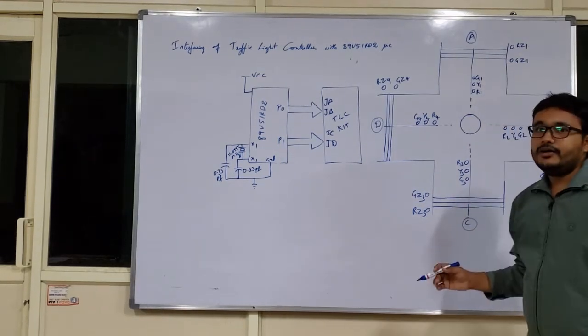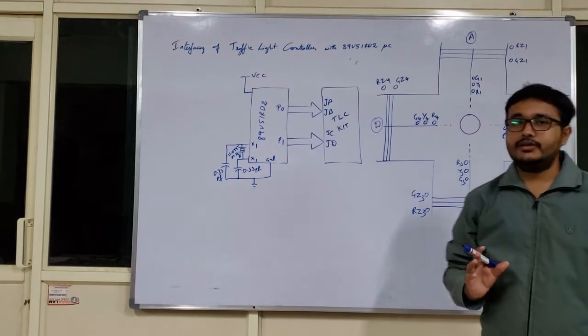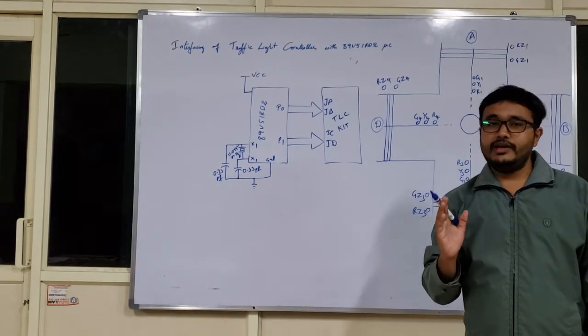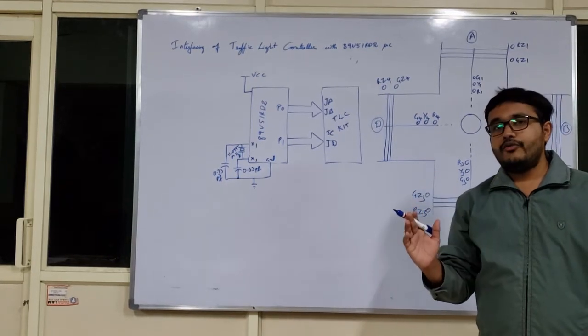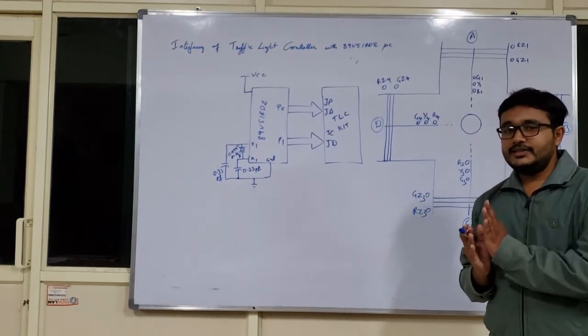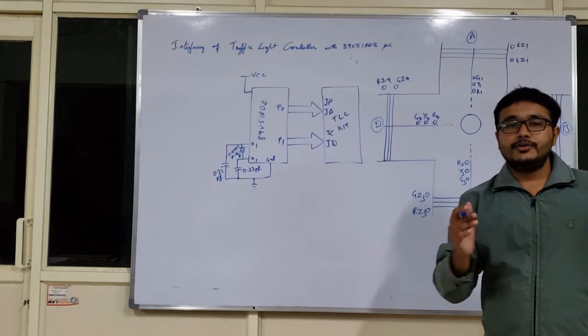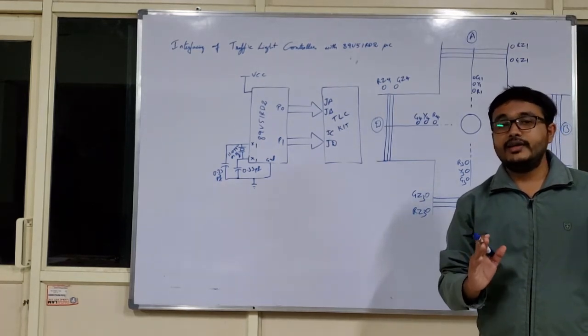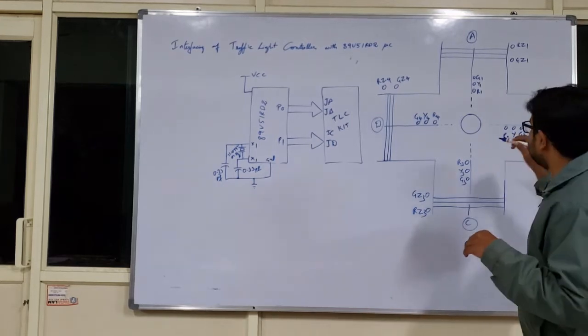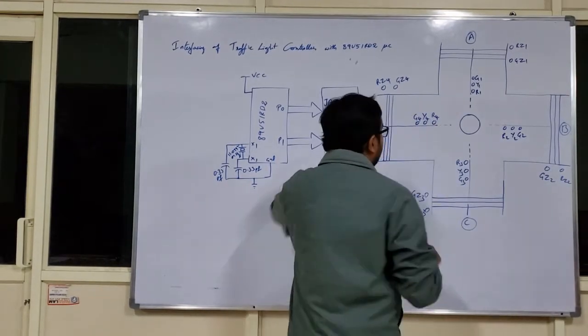That means in India we are following free left. Traffic is following free left. That means there is no restriction for the flow of vehicles from this direction, and they can turn towards the left direction without any traffic rules or restrictions. Okay.